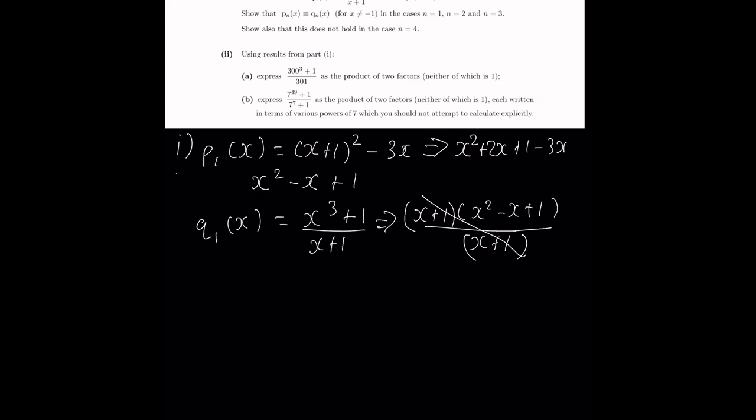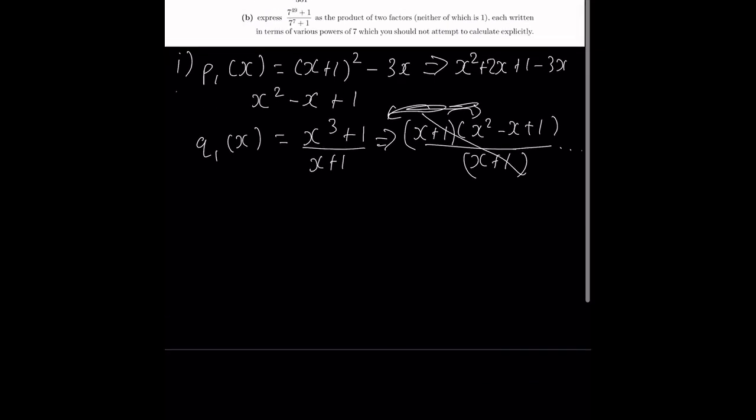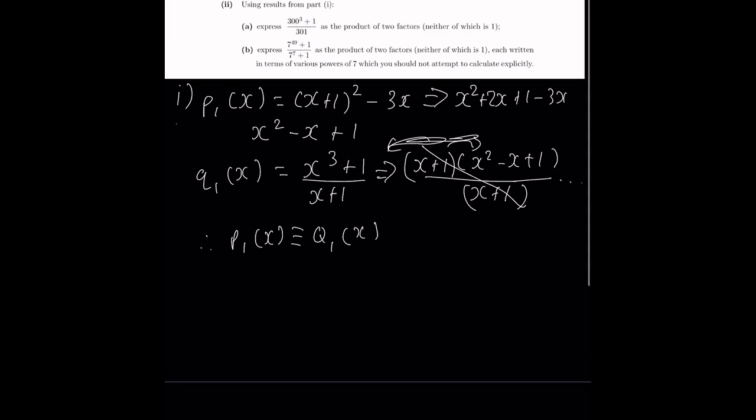Of course you can use polynomial division, but with STEP you need to be very careful on time. So we're just going to assume that when you expand this with this, it gives you x cubed plus 1, right? Okay, and then we do our statement, therefore p_1(x) is equivalent to q_1(x), right? So that's for n equals 1.